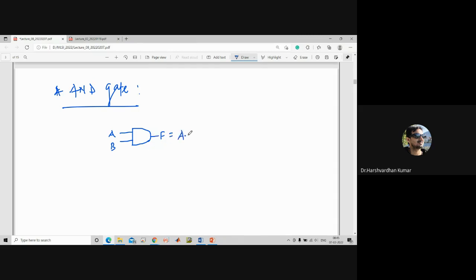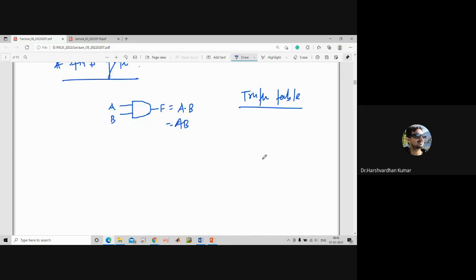It is the product of both the input terminals, A B. Now the truth table. I assume you know the product, addition, subtraction of binary numbers, so I'm not going to repeat those things because you have already studied them in first year, in basic electronics. So the truth table for 2 inputs: 0 0, 0 1, 1 0, and 1 1.